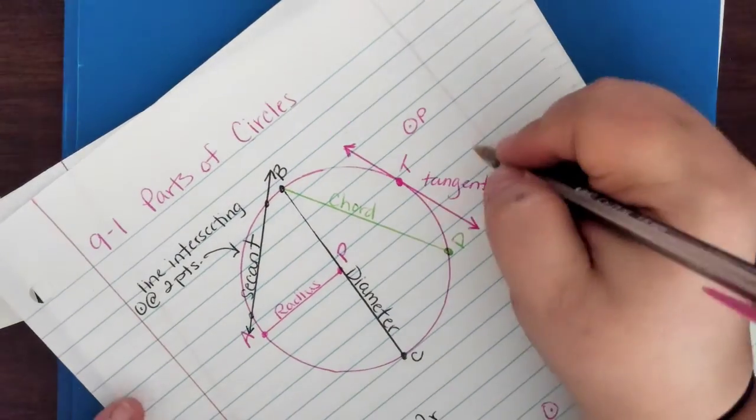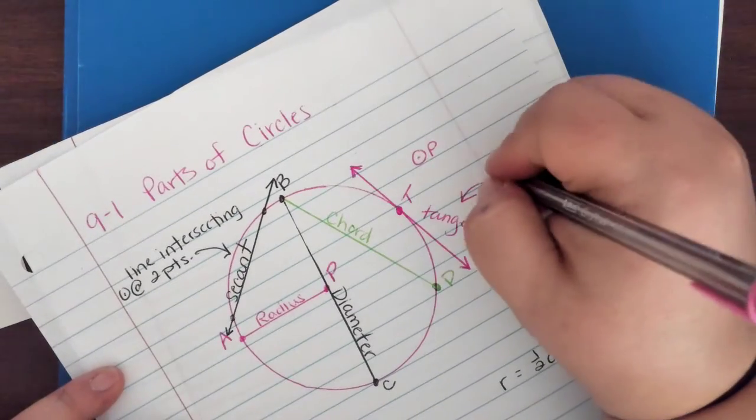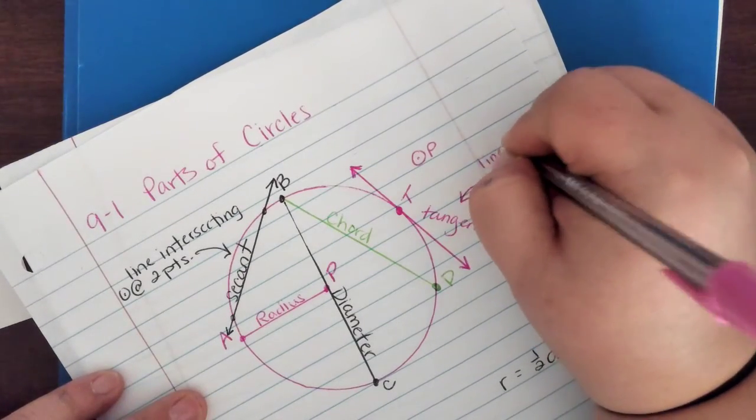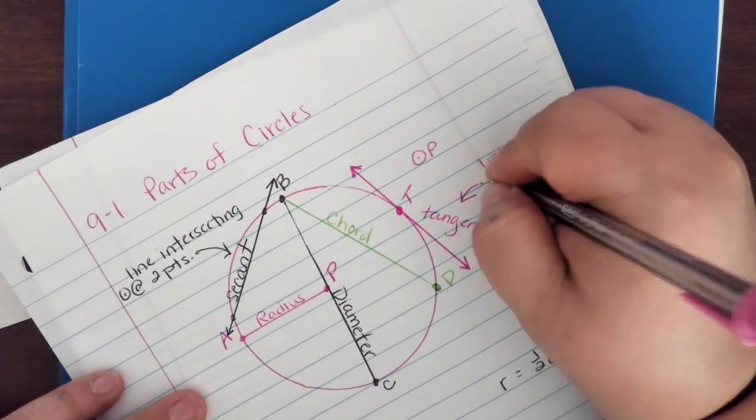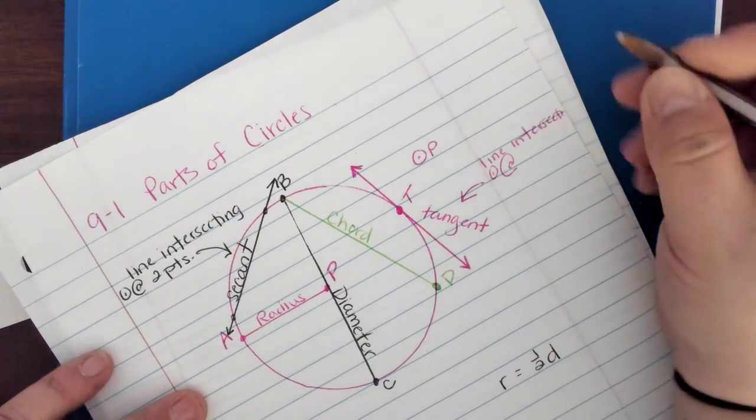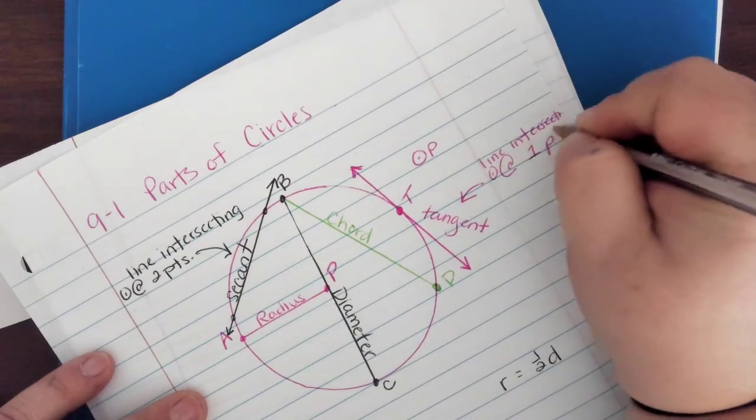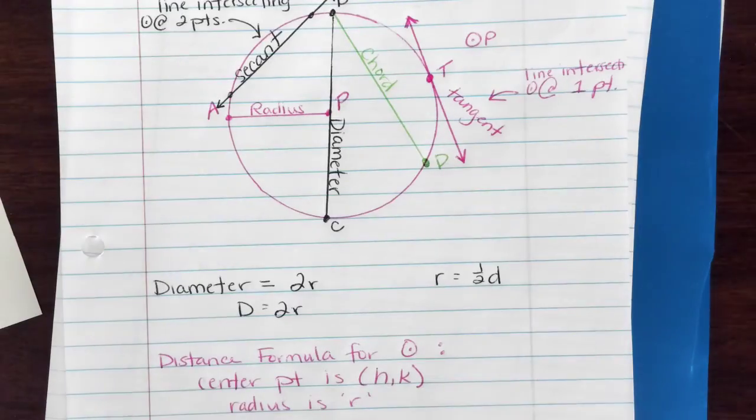A line intersecting a circle at exactly one point.